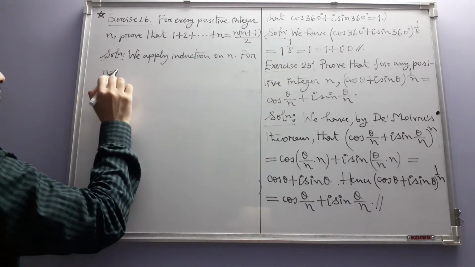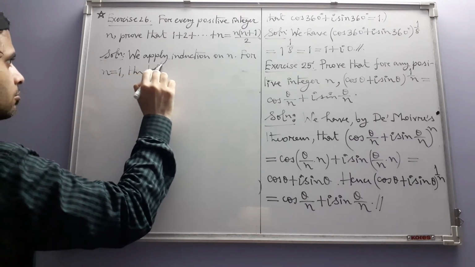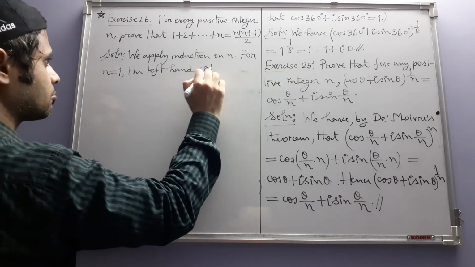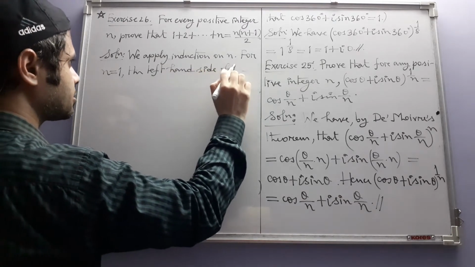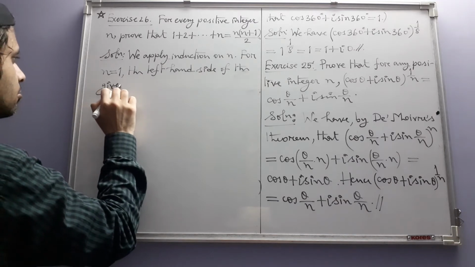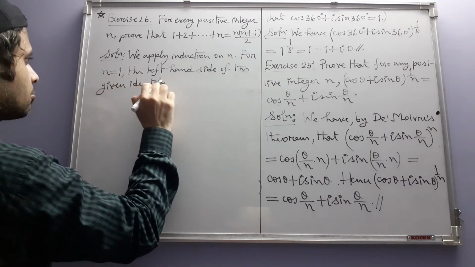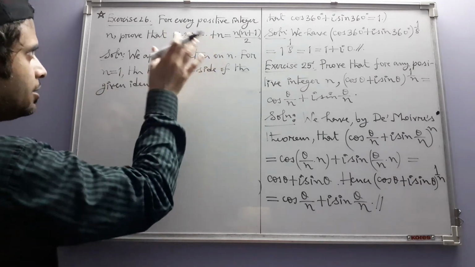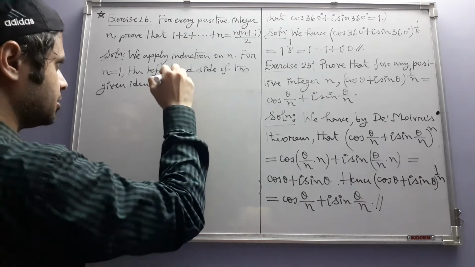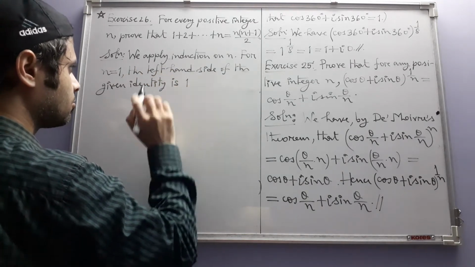For n equal to 1, the left hand side of the given identity, if n is 1, the sum has only one term, which is 1.